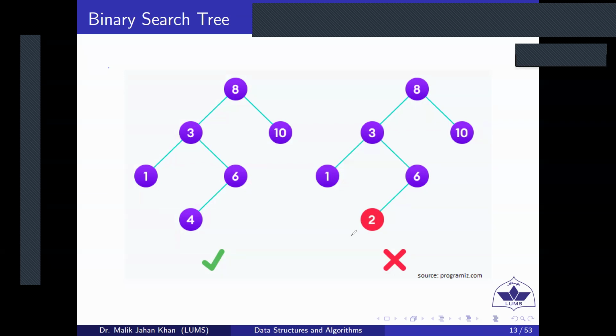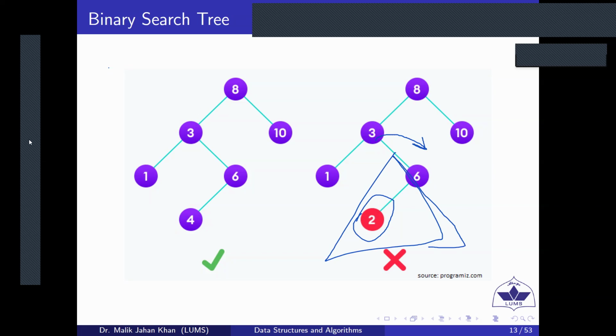The reason is that 2 is a grandchild in the right subtree of 3. So this side is the right subtree of 3, and anything which is on the right side of 3 has to be greater than 3. 2 is part of the right subtree of 3, so the condition cannot hold. That means those two conditions have to hold across the whole tree: child, grandchild, and so on.